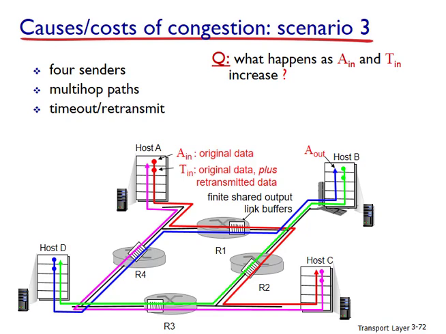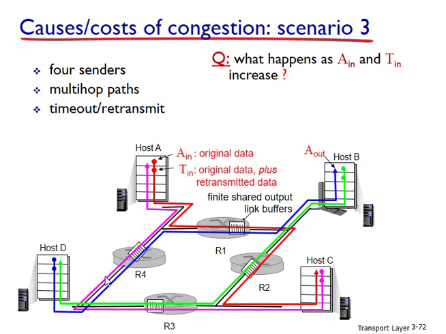In our final congestion scenario, 4 hosts transmit packets, each overlapping 2 hop paths. We again assume that each host uses a timeout retransmission mechanism to implement a reliable data transfer service, that all hosts have the same value for input speed, and that all router links have the same capacity R. Let's consider the connection from host A to C, as you see here, passing through routers 1 and 2.